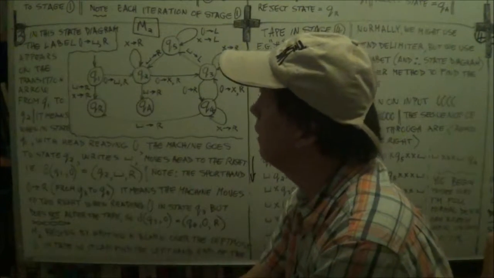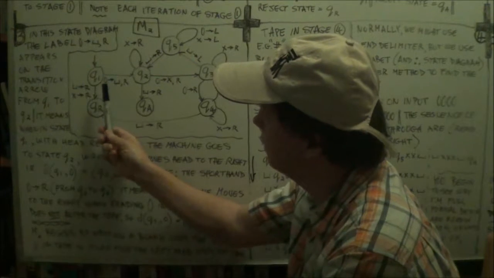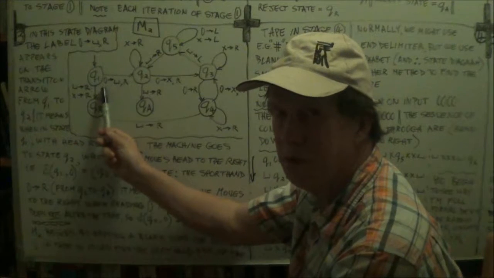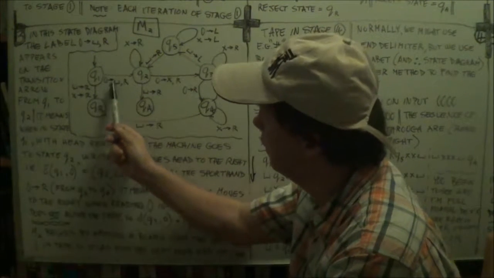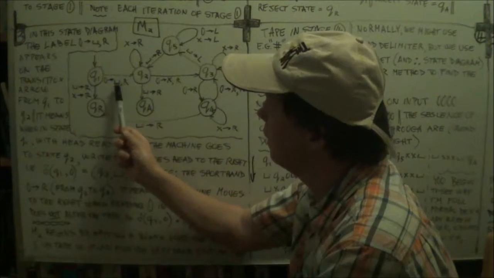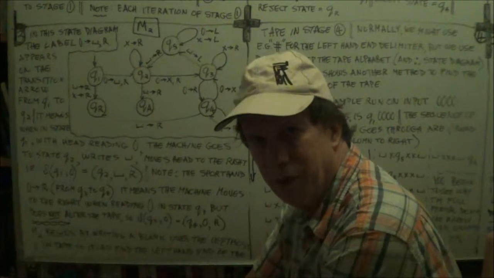What does this mean? Well, the first symbol here is what you're reading, what the head is reading on the tape. Arrow, well, that'll become clear in a minute. And this symbol is what you write on the tape.